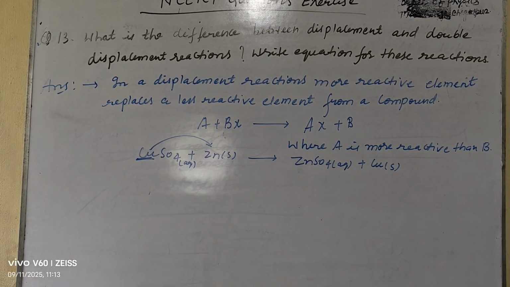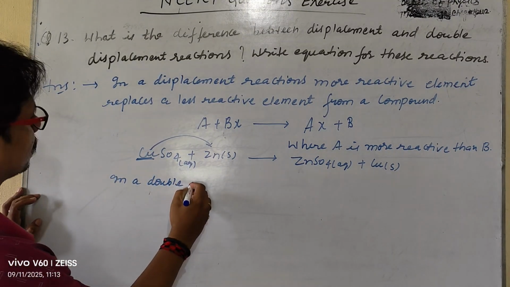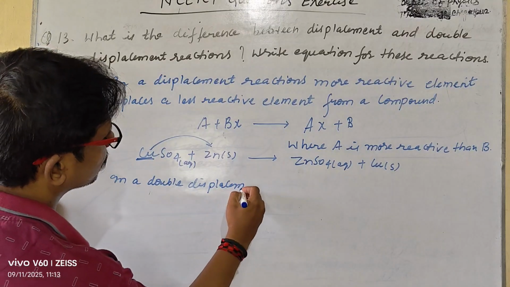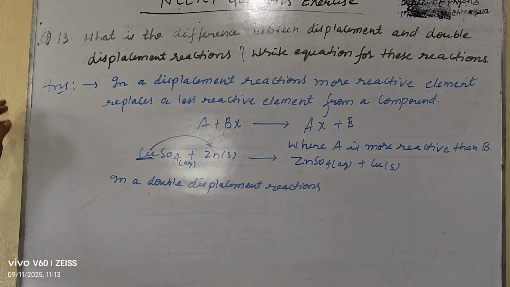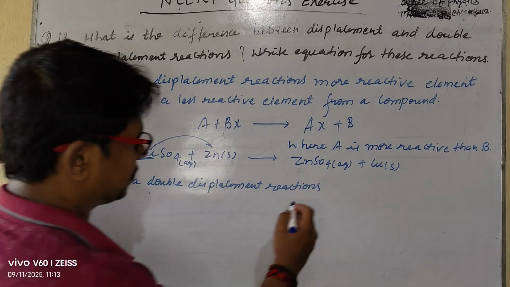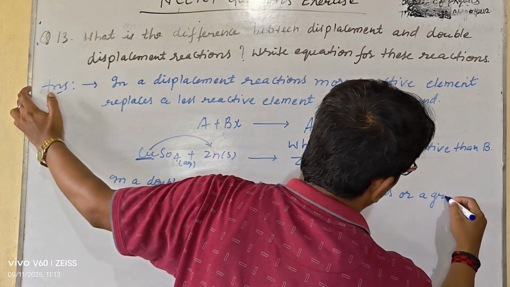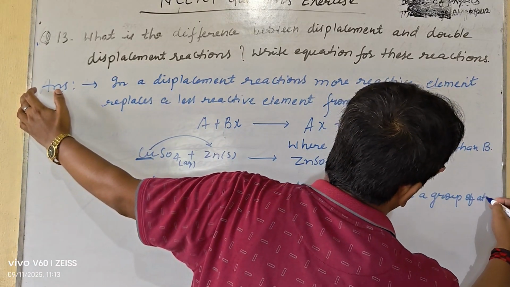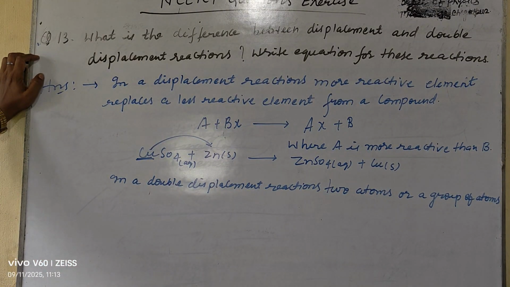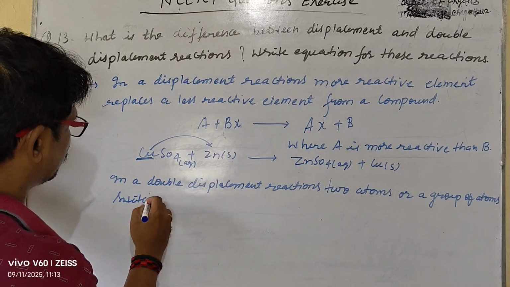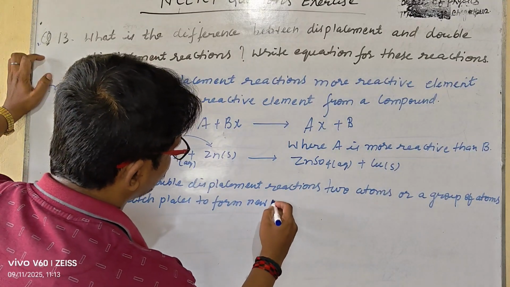Second is the double displacement reaction. In a double displacement reaction, two atoms or a group of atoms switch places to form new compounds.